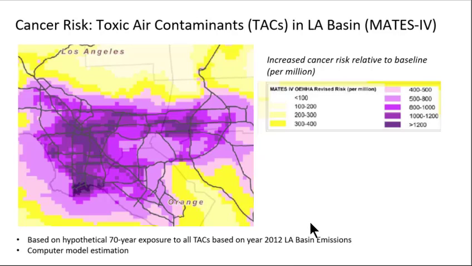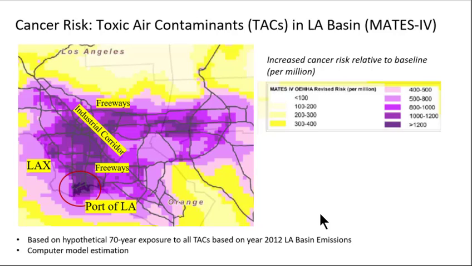One can see, for example, higher cancer risks in locations corresponding to many of the types of local sources mentioned earlier. For example, higher risk is seen over the Port of Los Angeles, the Los Angeles LAX airport, near sections of major freeways and near industrial areas and corridors.